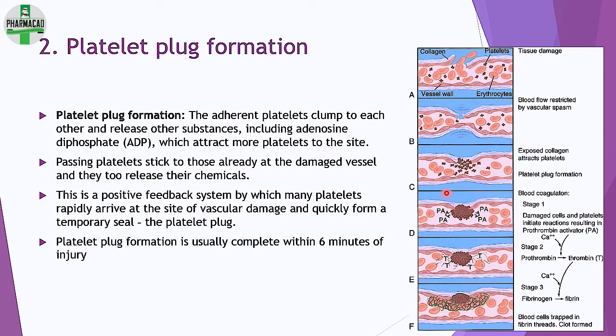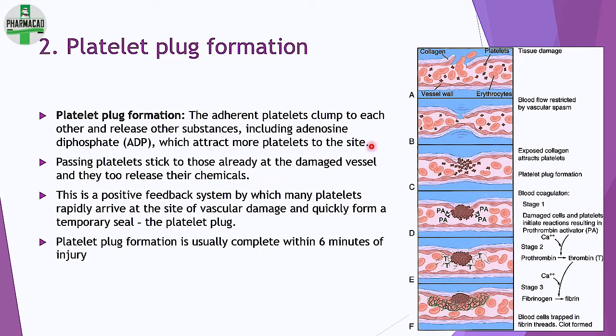I'll just read it out to you. The adherent platelets clump up to each other and release some substances, including ADP, which attract more platelets to the site. You see, more platelets have come up. Passing platelets stick to those already at the damaged vessel and they too release their chemicals.